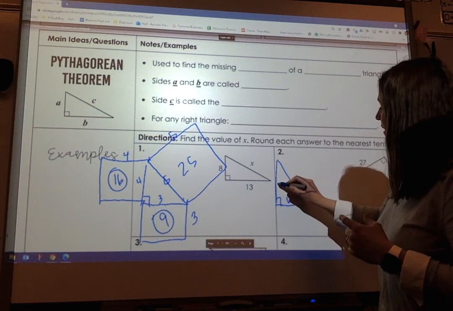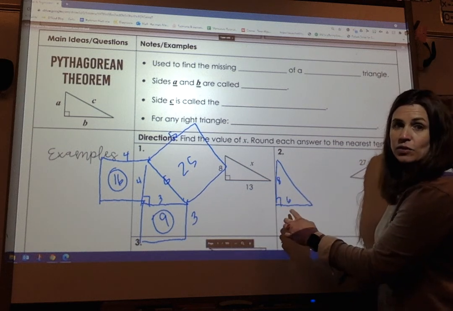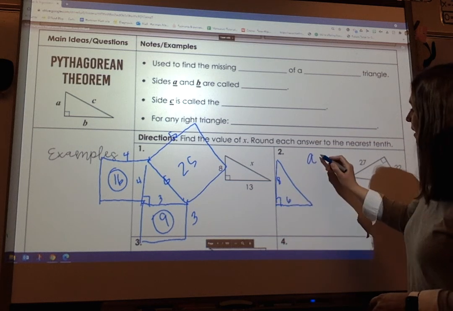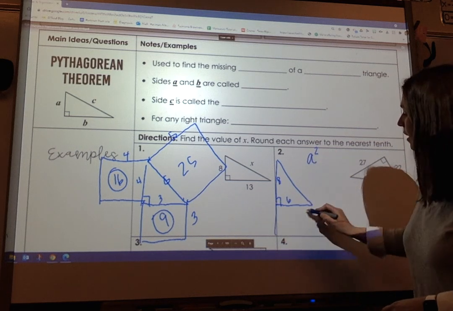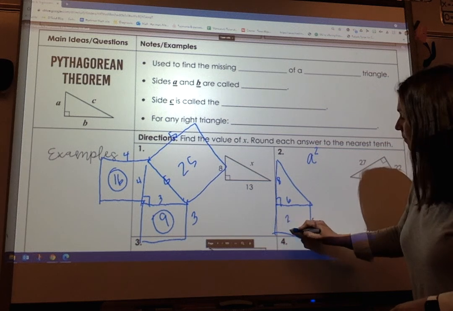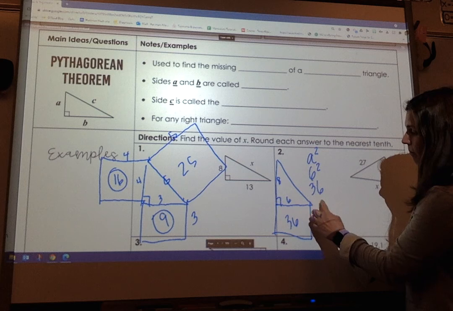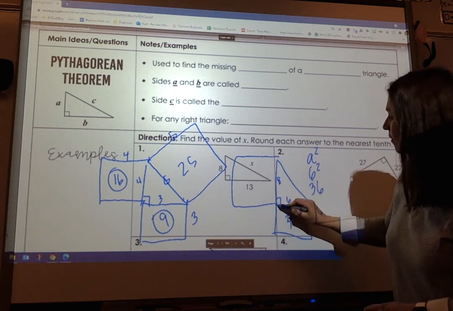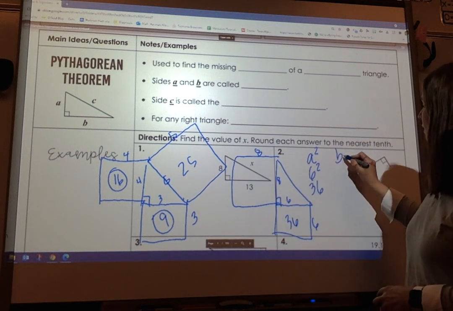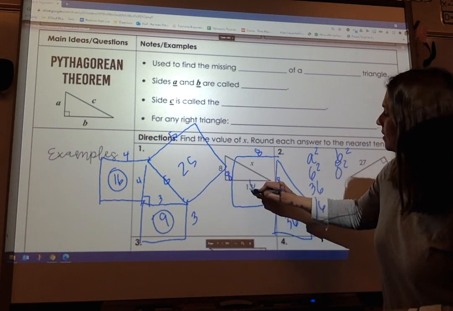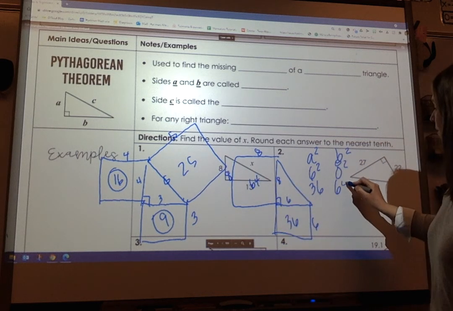So let's say this is 6 and this is 8. So let's do it again. And remember A and B are the legs. If I square a leg, 6 squared, I found it was 36, and I square this leg, so b squared is 8 squared, and it's 64.